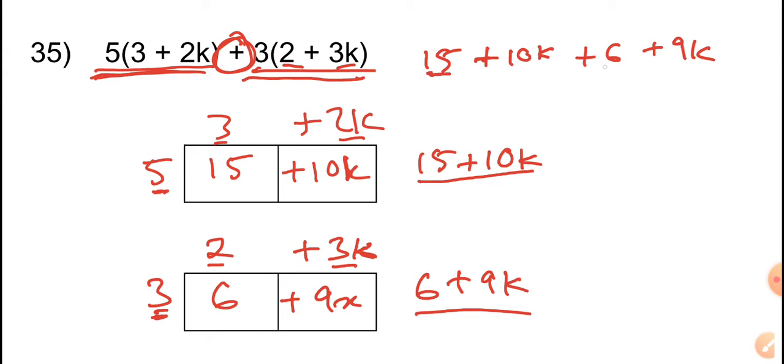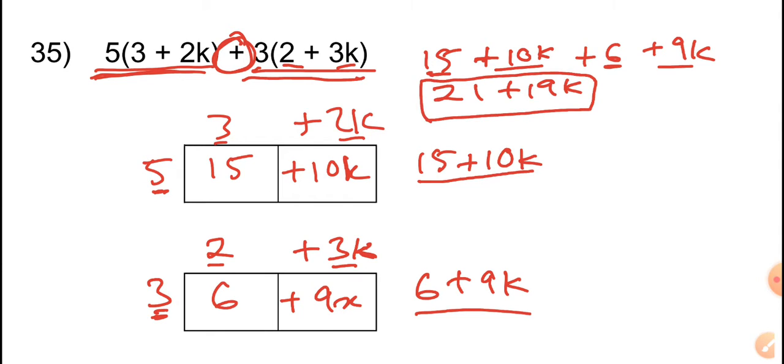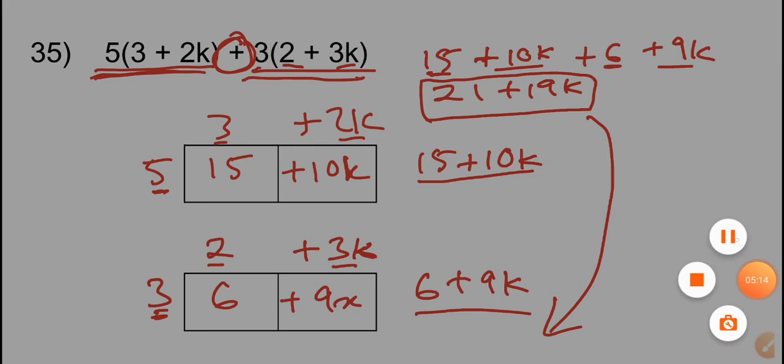So 15 add 6 is 21, and then plus 10k plus 9k is plus 19k. So the final answer is 21 plus 19k. So really I should just continue down, but because I don't have enough space, I've done it on the right hand side there.